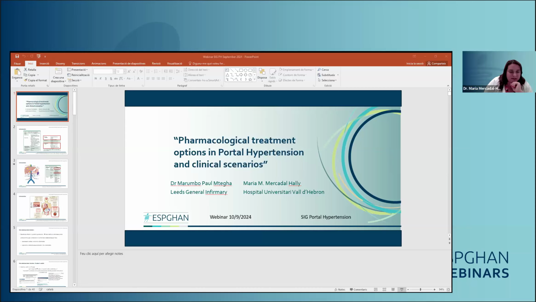Well, in this image, you can see where the portal vein is, and basically, the portal vein pressure is proportional to the splanchnic blood inflow and to the resistance opposing this flow. You can actually measure this portal vein pressure, but we usually don't, through the gradient between the pressure in the portal vein and the inferior vena cava that you also have in the picture.